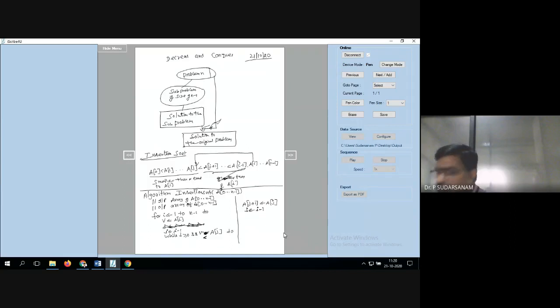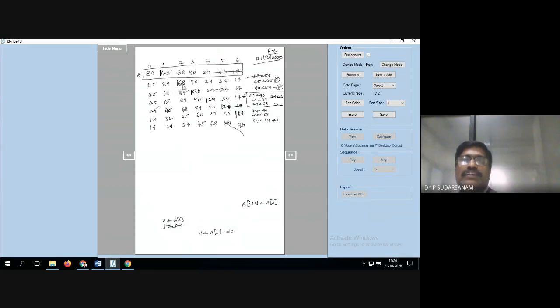Okay. So now come back to here. What happened? Now 68 is less than 45, the condition is false. Now you have to copy the 68 to here, because the J location is here. How to copy it here? A of J plus 1 is equal to this element, that is the 68. So 68 you have to copy here with respect to the J location.